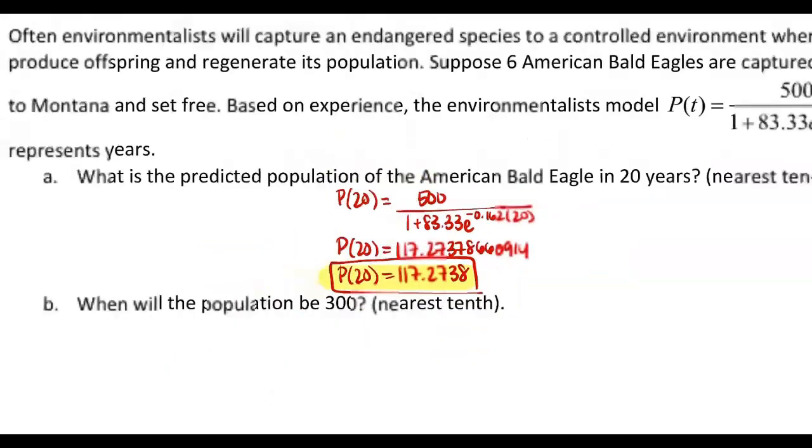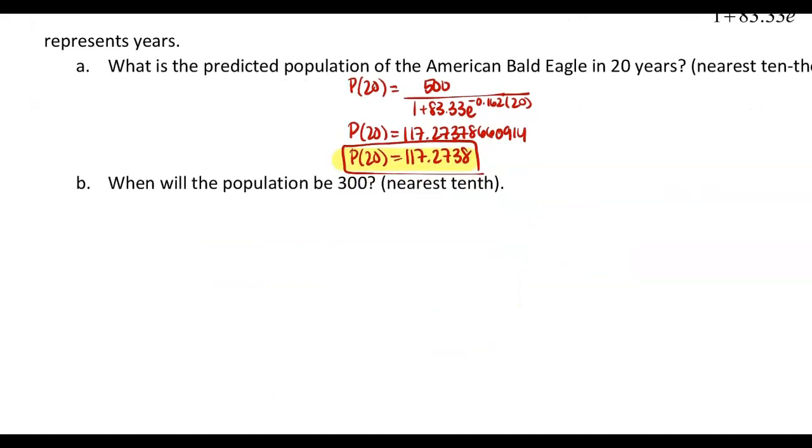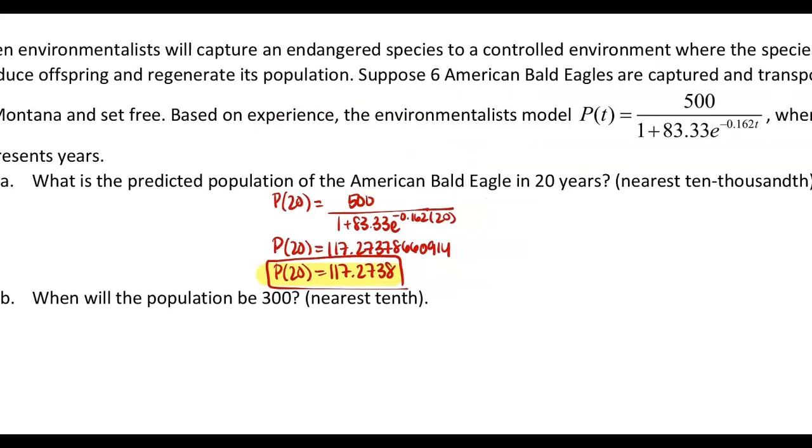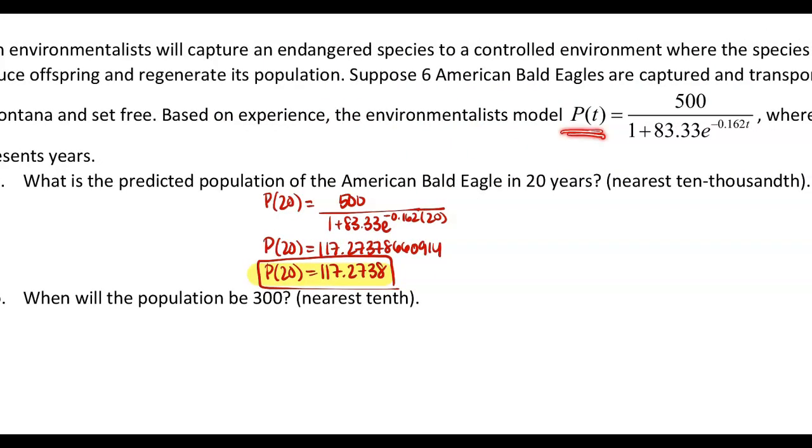Last question. The last question said, when is the population going to be 300? Okay, so if I'm looking at this problem here, P represents the population. I'm telling you guys, P represents the population. So this P of T, I'm going to replace with this 300. I need to find the time because the word when means time. It's a representative of time.